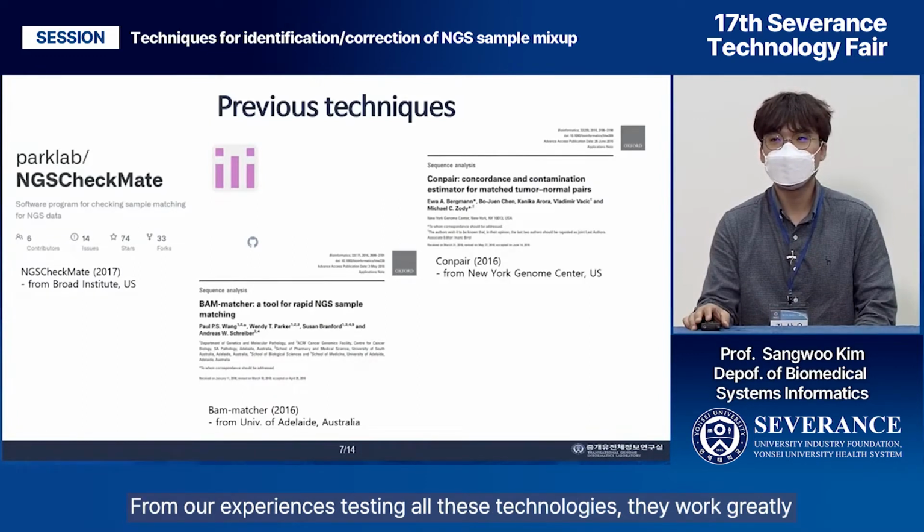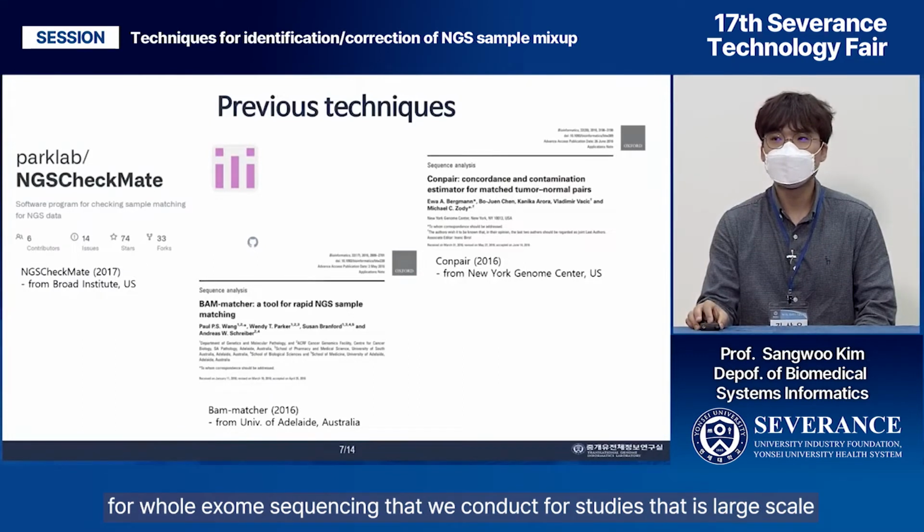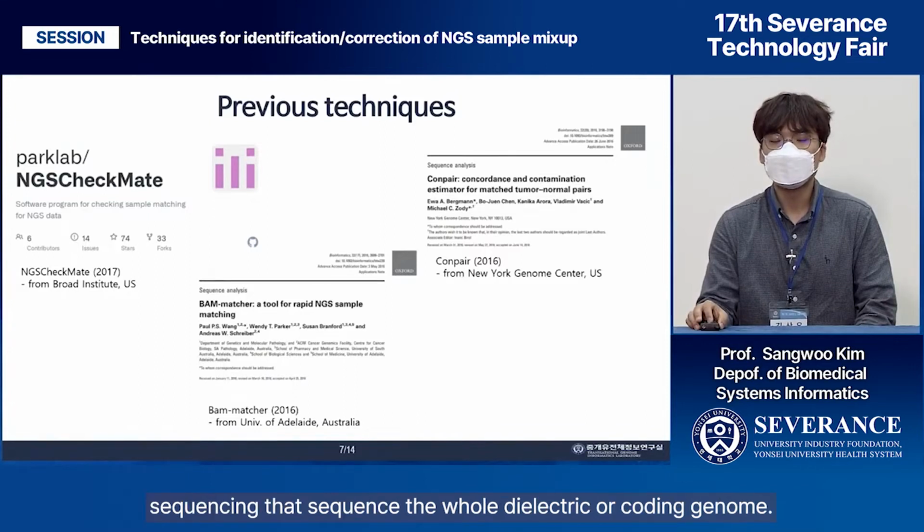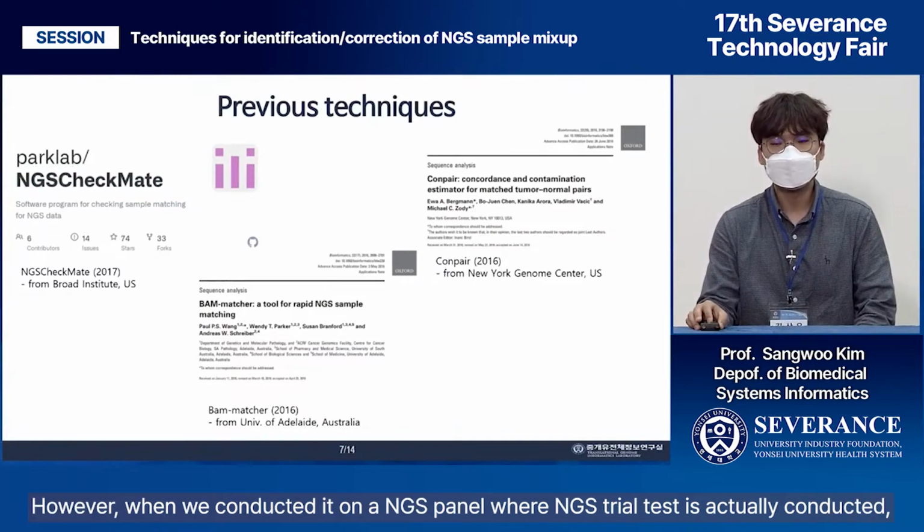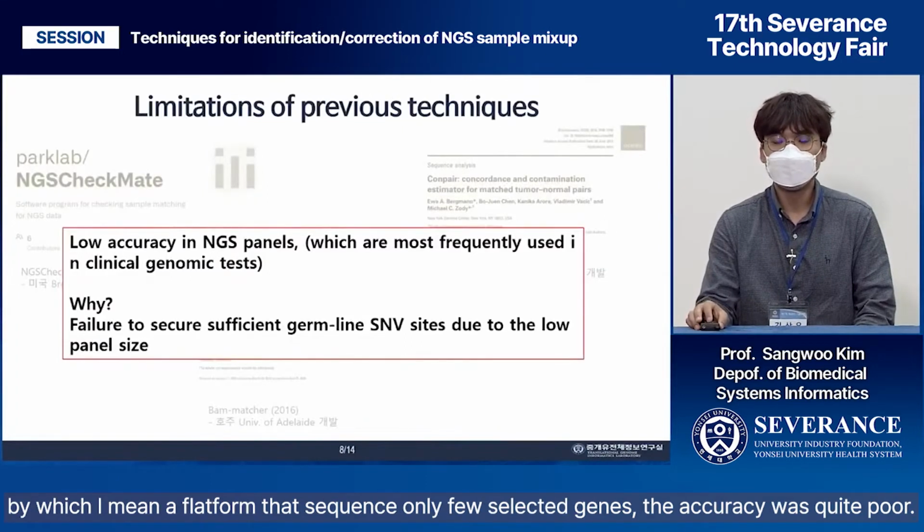From our experience testing all these technologies, they work greatly for whole exome sequencing that we conduct for studies, that is, large-scale sequencing that sequences the whole exome, or coding genome. However, when we conducted it on an NGS panel, where NGS clinical testing is actually conducted, by which I mean a platform that sequences only a few selected genes, the accuracy was quite poor.